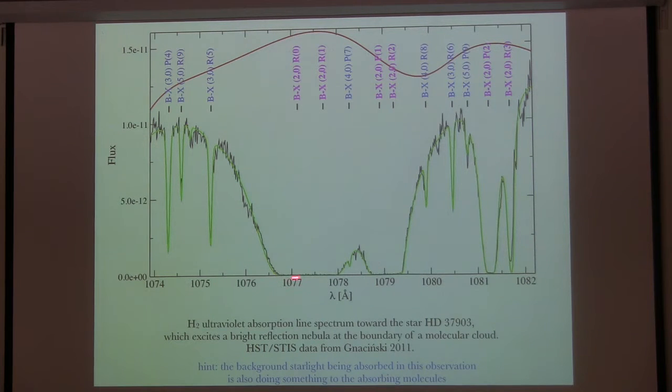And you see in the central part here what looks like a blend of lines arising in J equals 0 and J equals 1. And in J equals 1 here again, these absorptions are so strong that they go all the way to 0.